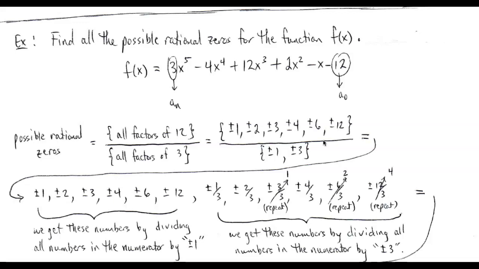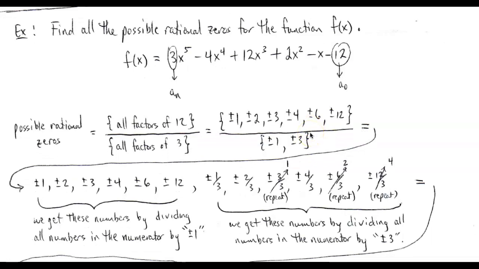When we talk about the factors of 12, it's just 1, 2, 3, 4, 6, and 12. We consider plus or minus because we want to cover all cases here. The leading coefficient is 3, and since 3 is prime, its only factors are 1 and 3. And so we do all combinations thereof.